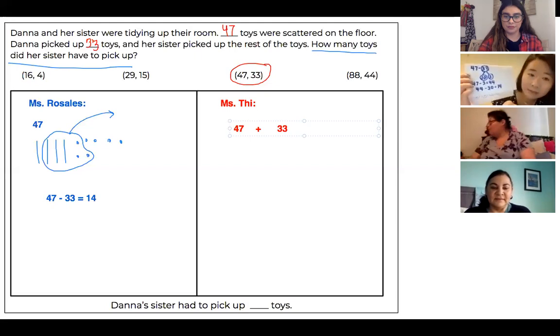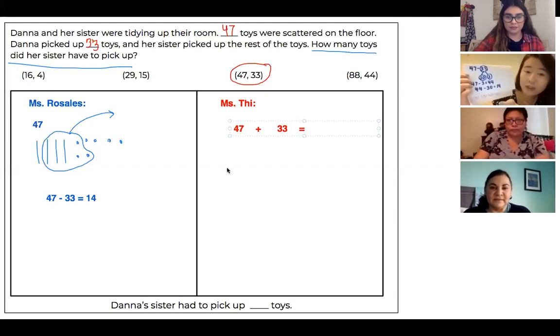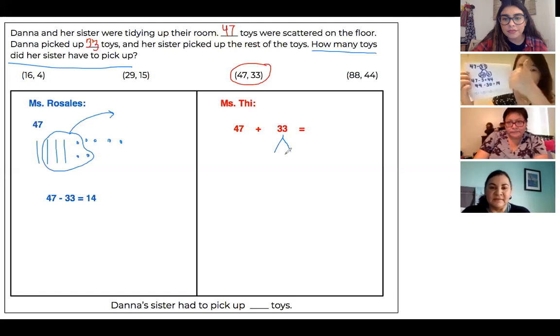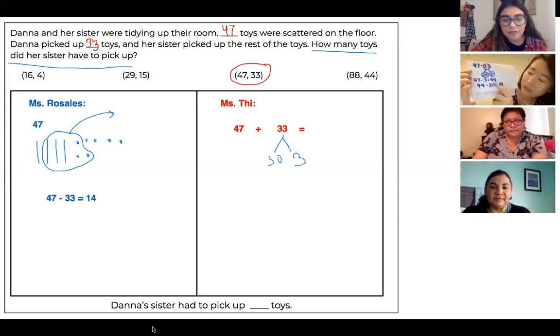And I always subtract my ones place first just to make sure I have enough. So I did 47 minus 3, which equals 44. Because that was a little bit easier for me to just count backwards, 47, 46, 45, 44. And then I did 44 minus the 30 that I had left over, which left me to 14. So I took away just 3 tens out of the 44.